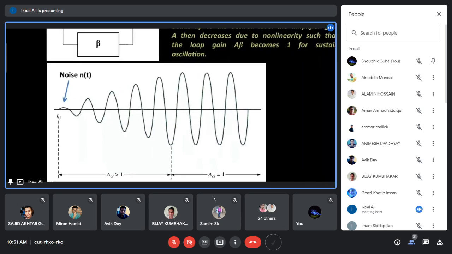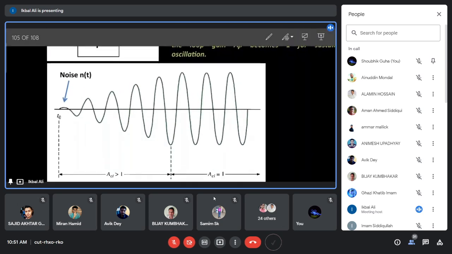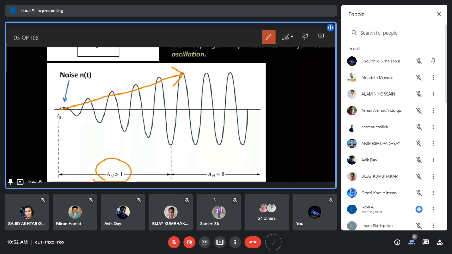Anybody has any doubt? You just see here that when the signal grows from the noise level to the high value, during that period the initial closed loop gain should be greater than 1. So initially you have to put A beta greater than 1. Then the noise signal can grow.